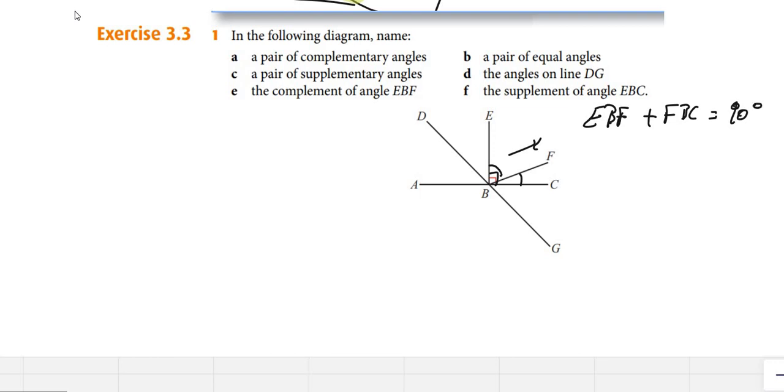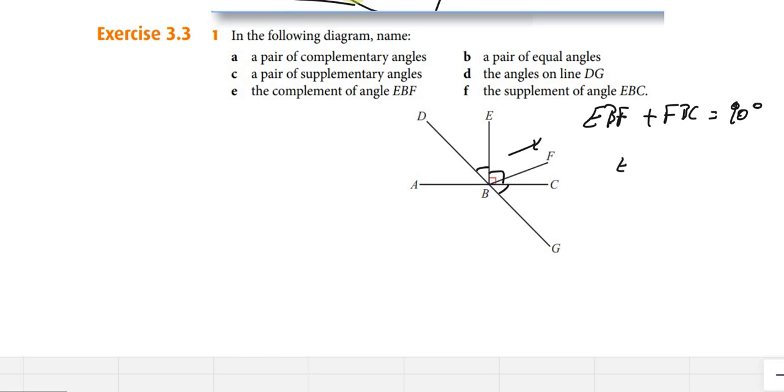Okay, a pair of equal angles, for example. If this is 90 degrees, then these two angles have to be equal.